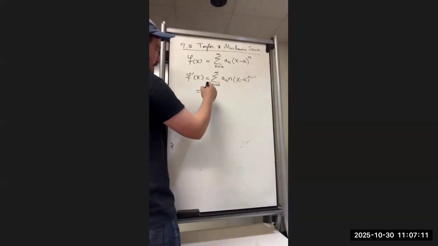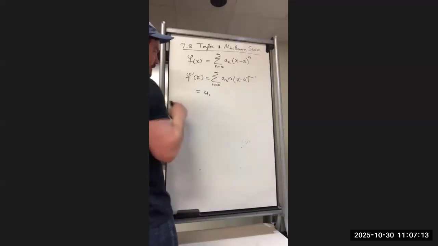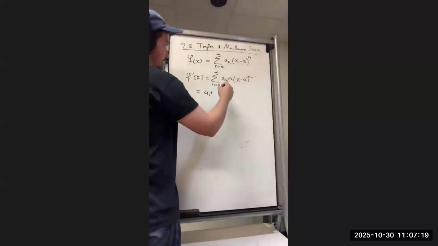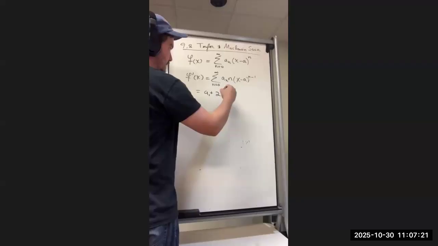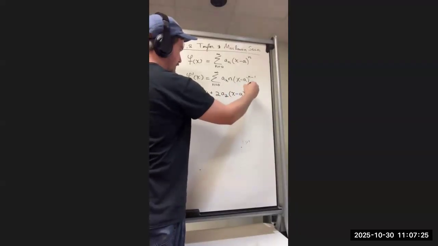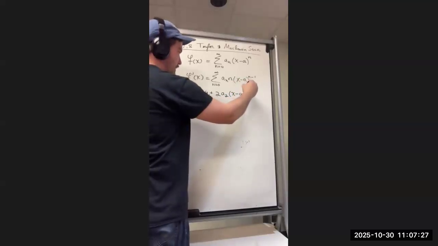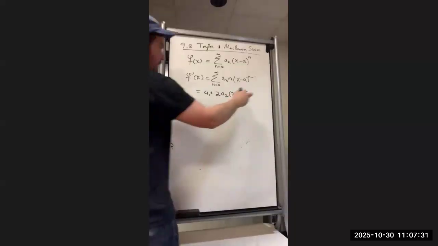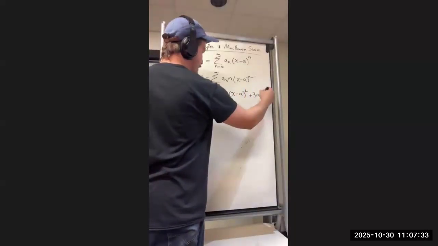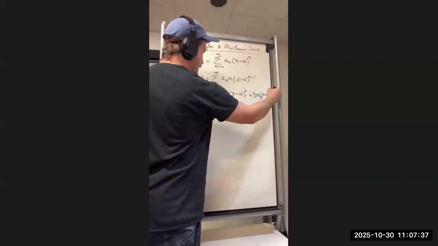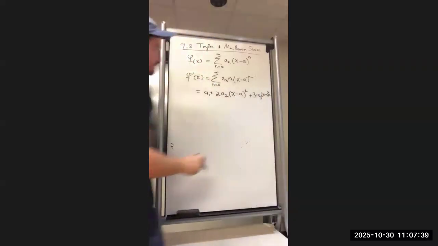So it starts at 1, and if I expand the sum, I'll get a1 plus 2a2 (x minus a) to the 1. And then the next one will be 3a3 (x minus a) to the 2, etc.